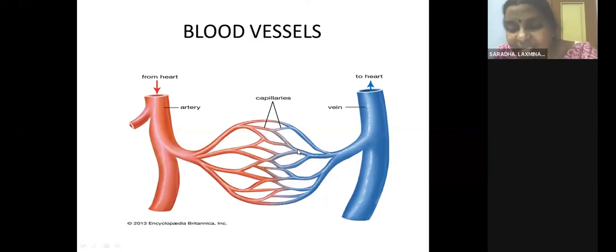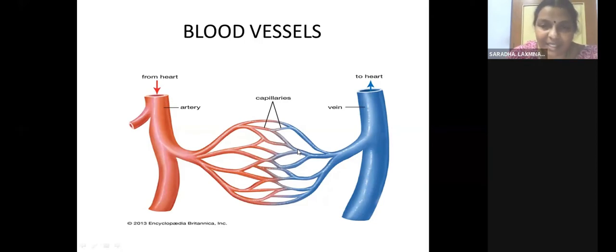The purpose is that whenever there's an injury, the blood from the vein only will be lost; blood from the arteries will not be lost, to save our life. So that is also one of the main reasons. Generally, they collect blood from the veins because they are superficial. Any lab test you go to, they'll collect the blood from the vein.